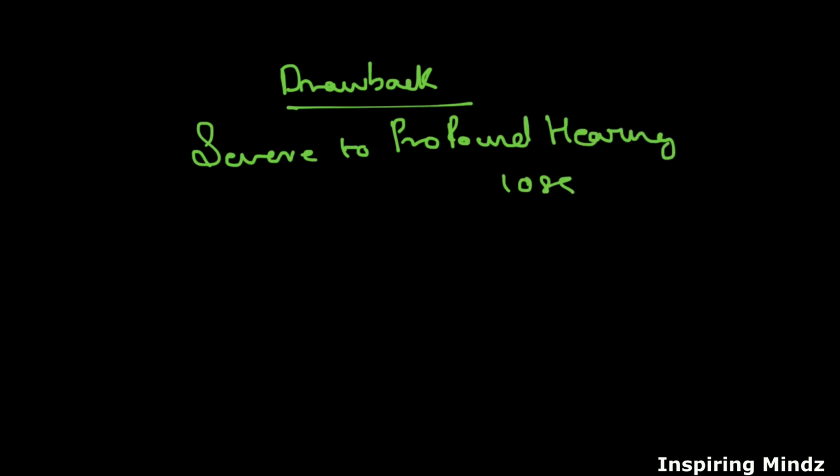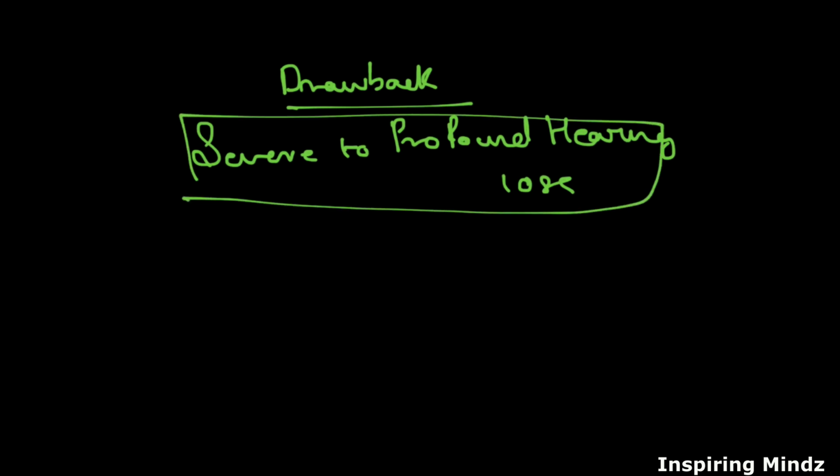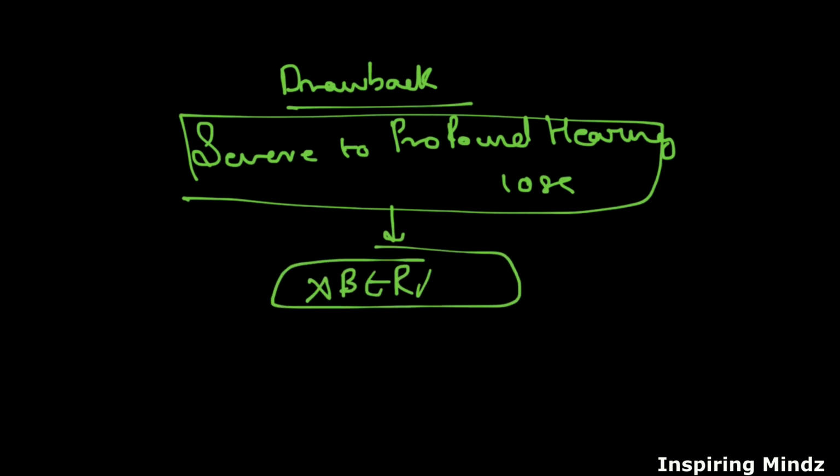Then the sound given will not be sufficient to stimulate the auditory pathway, and we will not be able to record BERA. So BERA cannot be used in the patient with a severe to profound hearing loss.